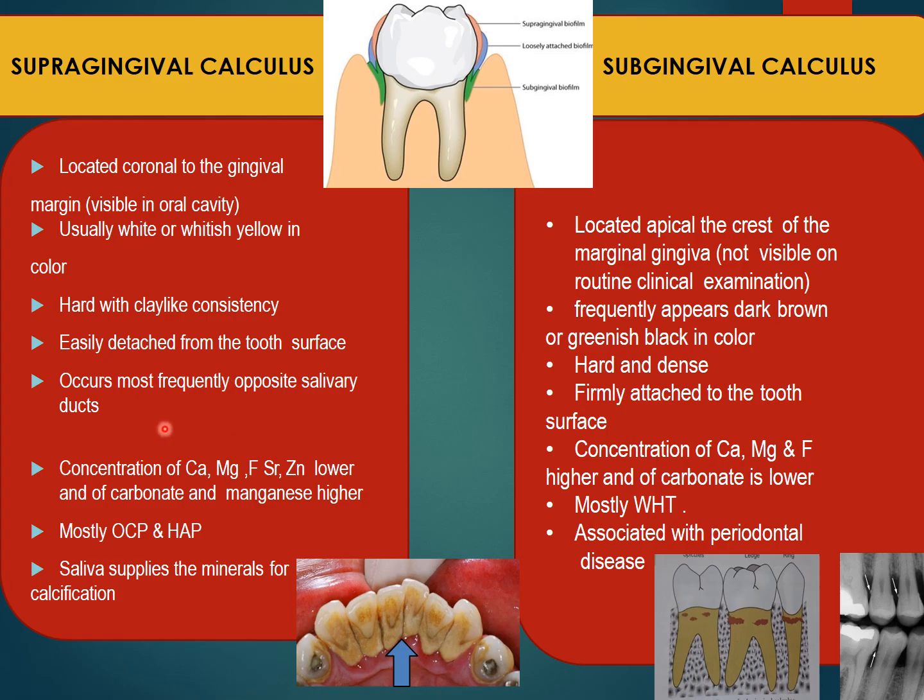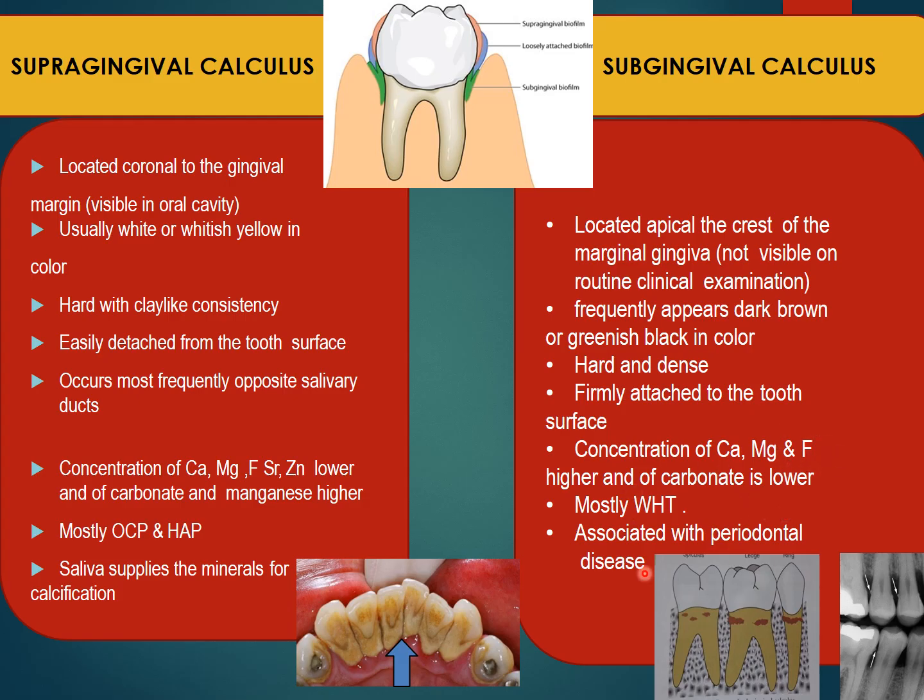Also coming to the composition: in supragingival calculus, the concentrations of calcium, magnesium, fluoride, strontium and zinc are lower, and of carbonate and manganese higher, whereas in subgingival calculus, the concentrations of calcium, magnesium and fluoride are higher, and carbonate is lower.